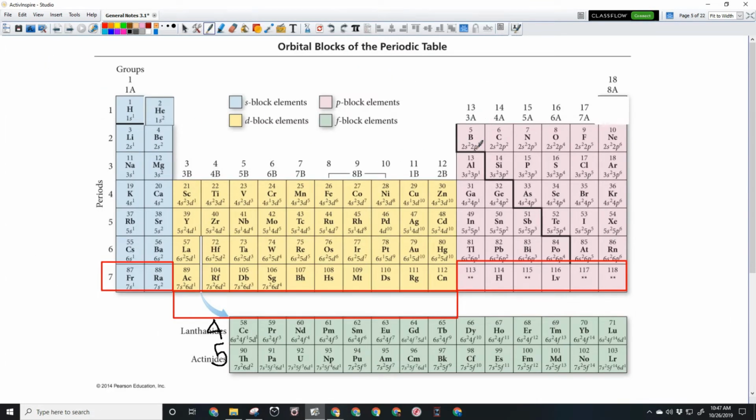It's in a new block, so we have to write each filled block that comes before this one. Before boron, we have a 1s2. We also have a 2s2. And then we have boron, which is on 2p1.